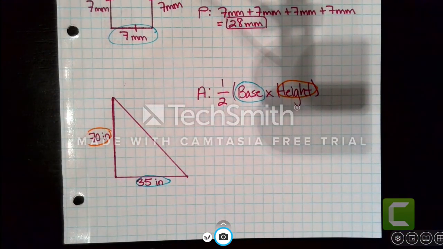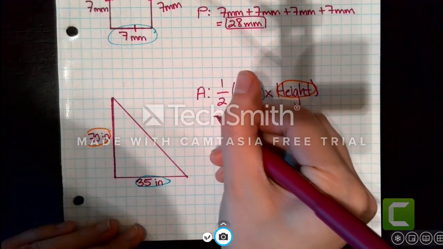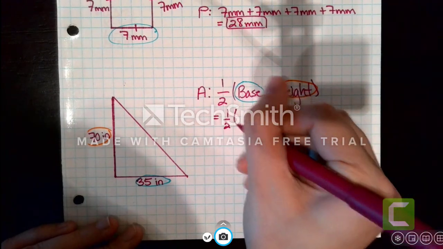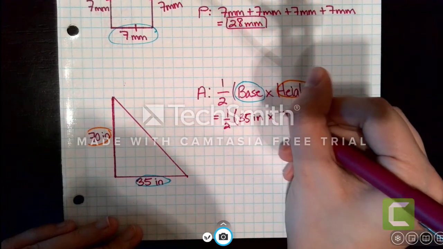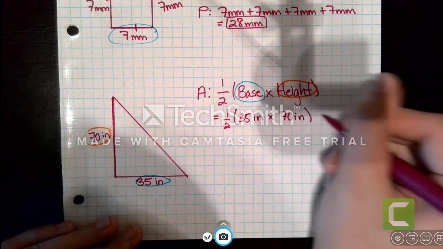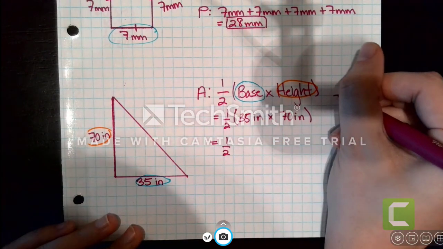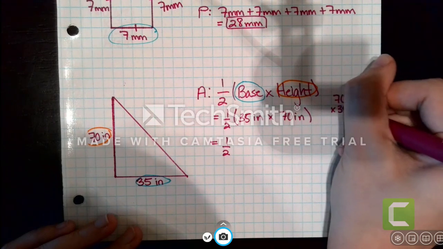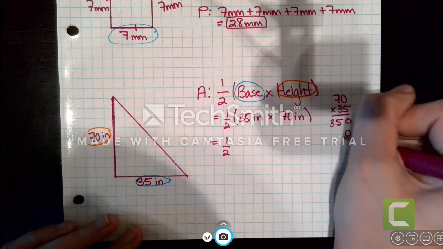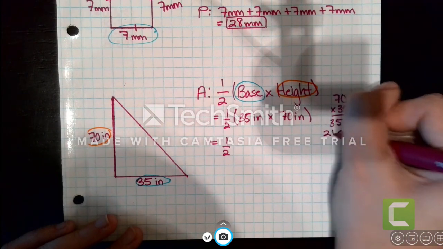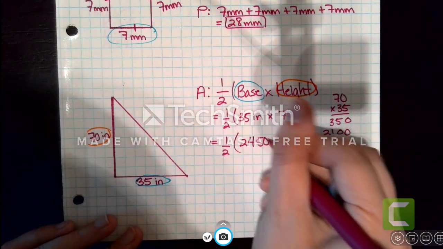Now if you can see here, we have to multiply these to each other. Plug them into your formula and you should have 1/2 times 35 inches times 70 inches, which means you should be taking half of 70 times 35, which is 2,450.